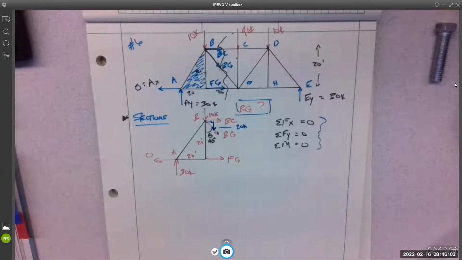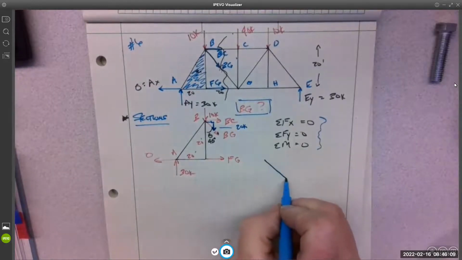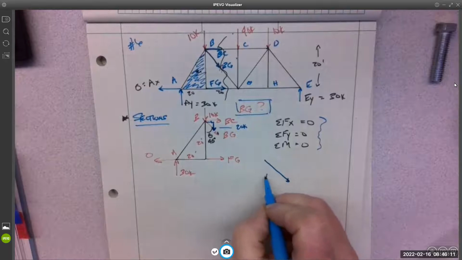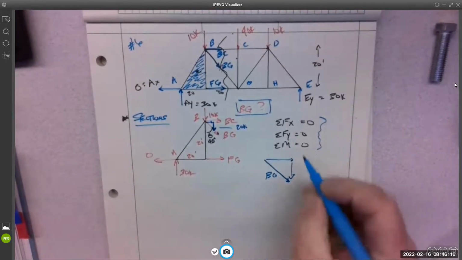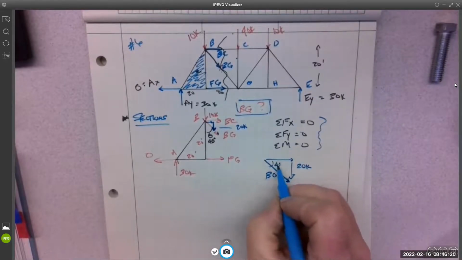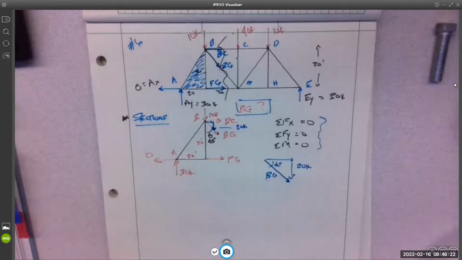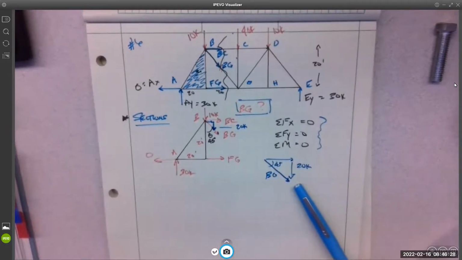So if you can see those things, that's golden. That saves a lot of work. I can now pull BG out, and I know that it has its components. One of those components is 20K, and the angle is 45. So this is just extracting BG on its own and looking at its components.